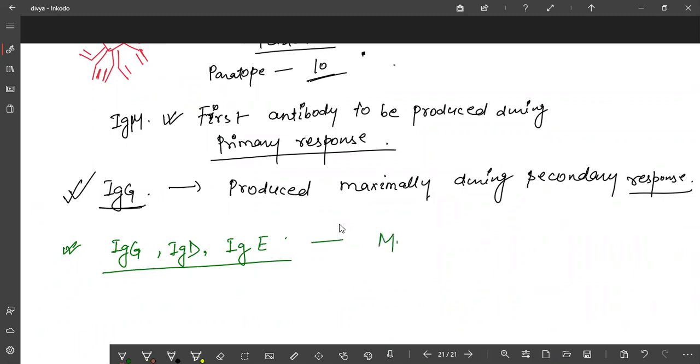These are monomers. Mono means single. So how many paratopes are present in IgG, IgD and IgE? Two paratopes. Good.